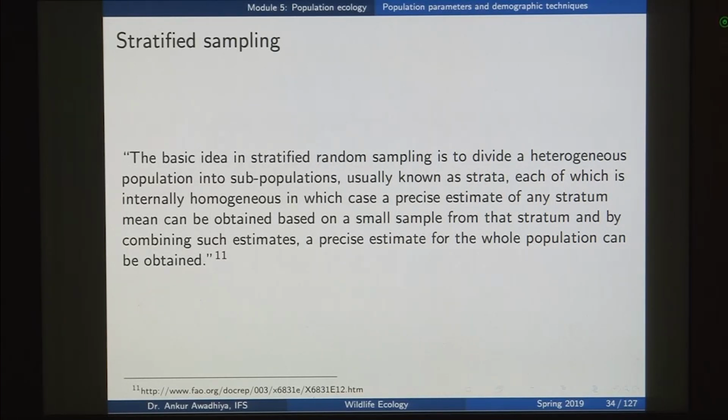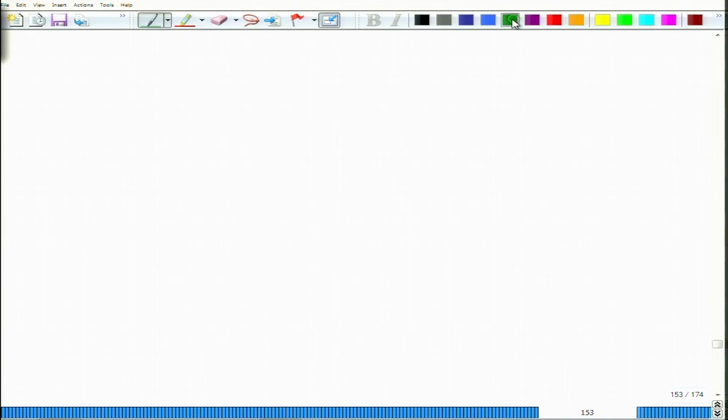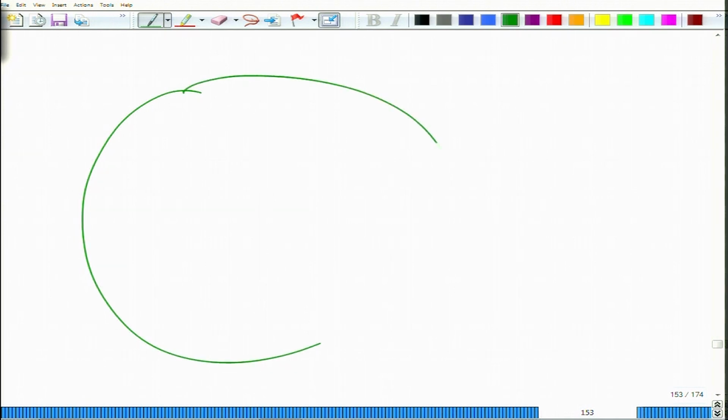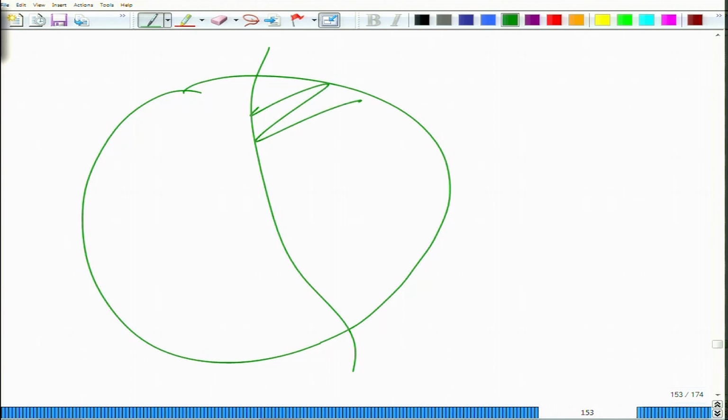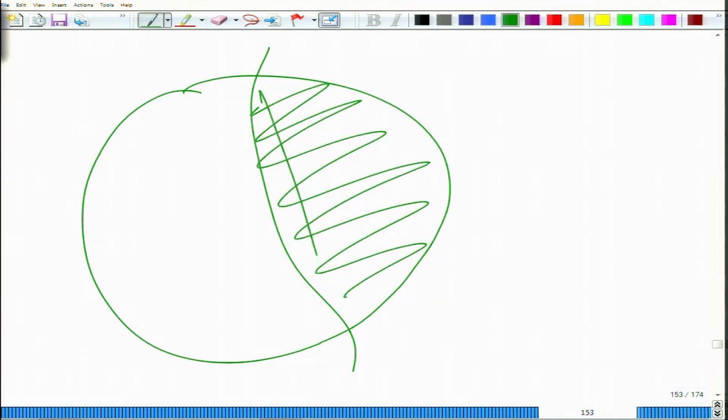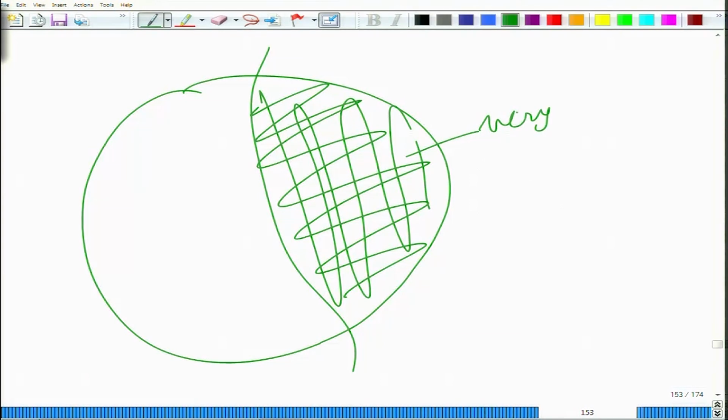Now, suppose this is our forest area, and we know that this area has a very high population density, and this area has a low population density.